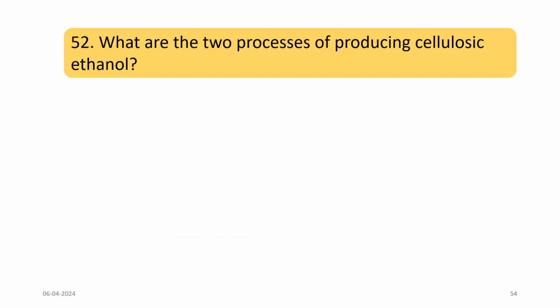Next, what are the two processes of producing cellulosic ethanol? To produce cellulosic ethanol, the lignin and hemicellulose must be separated from the cellulose. Then the cellulase enzyme can hydrolyze the cellulose, creating glucose units. So there are two processes.